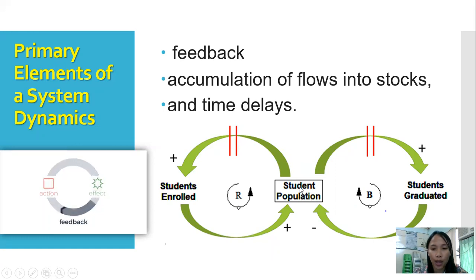It feeds back to student population. So this is just a simple example of a simple system archetype which included these primary elements of the system. And when you do one later on in the future, you must understand what are those elements which feed back with another element, what are those accumulations and which has those delays.